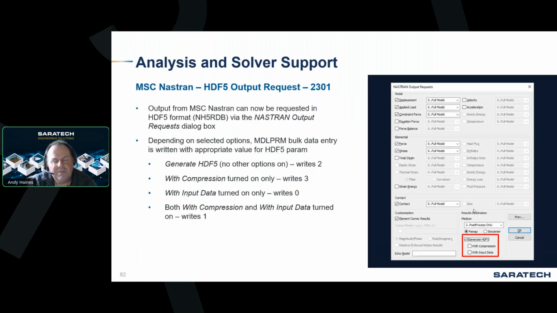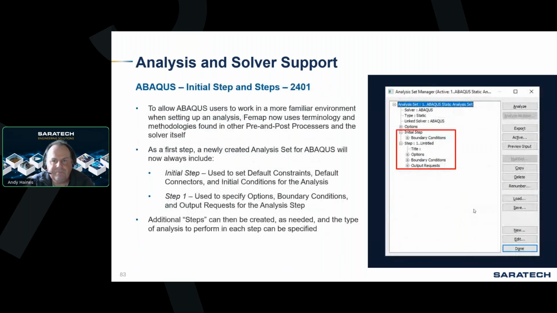For anybody using MSC Nastran, we added the ability to select HDF5 output, and we can now also read the HDF5 results from MSC Nastran. What we're really talking about here is the NH5 RDB format, which was MSC Nastran's newer format for HDF5 files.